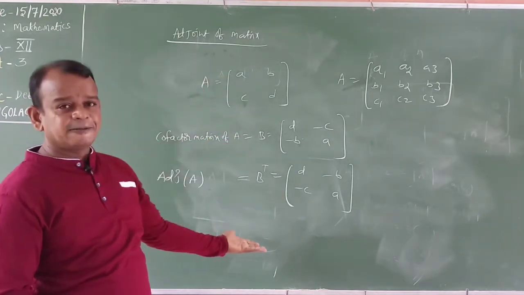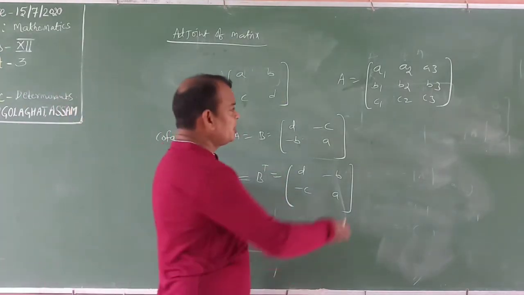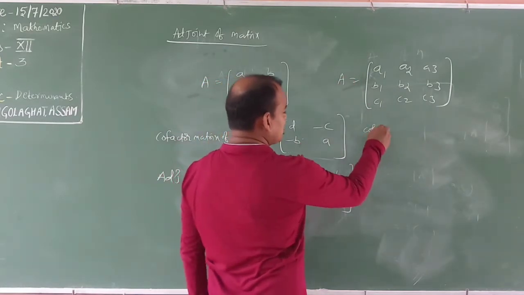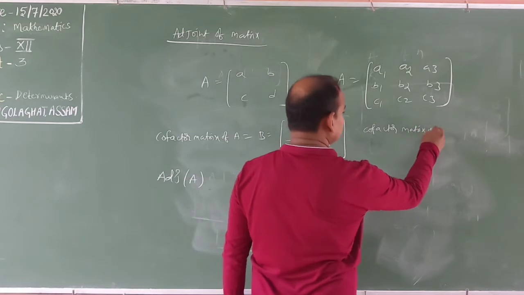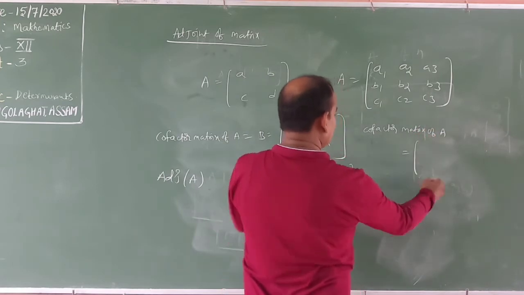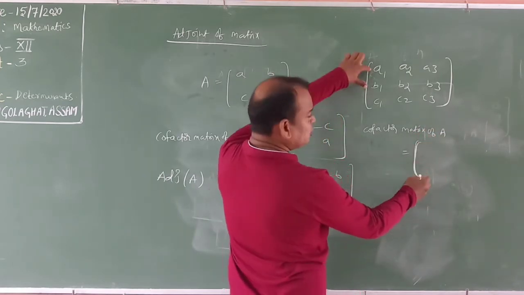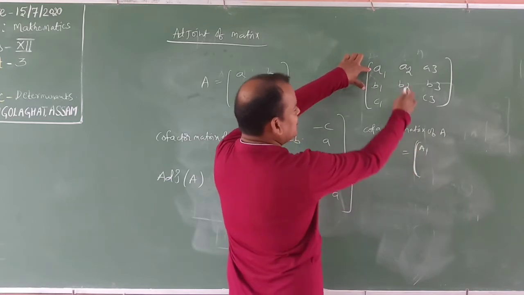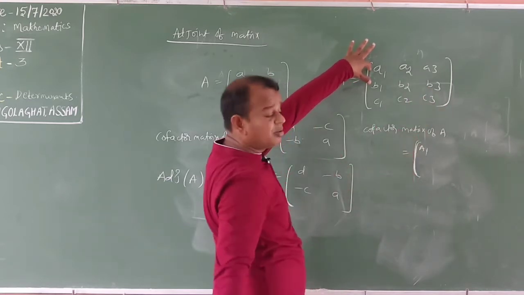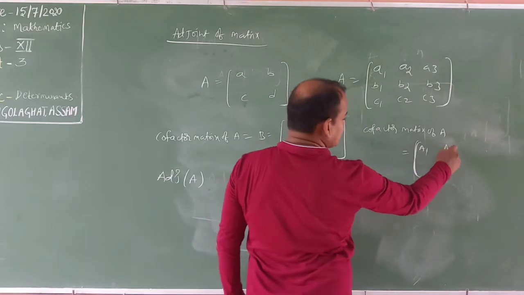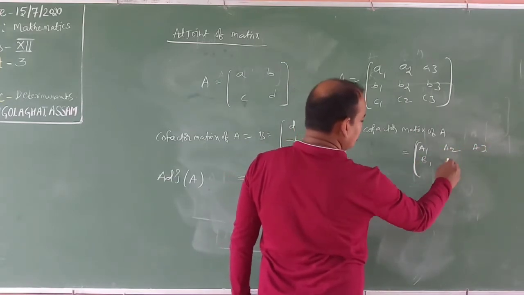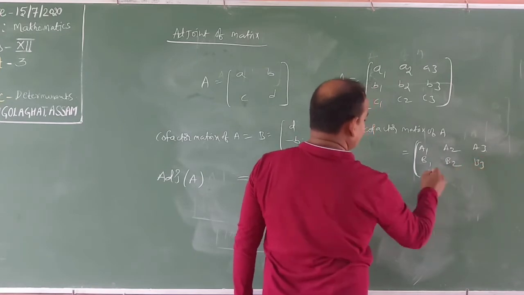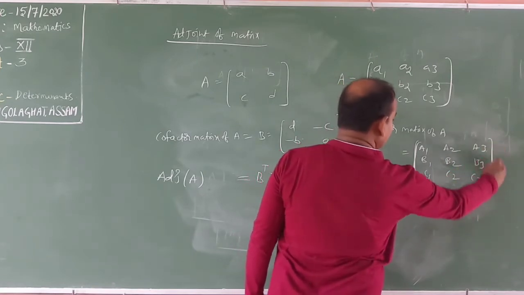This is the process, and this is also the same. For a 3 by 3 matrix, we can find the cofactor matrix of A. Capital A1 is B2C3 minus B3C2, no problem at all. This is for A2, A3, B1, B2, B3, C1, C2, C3.